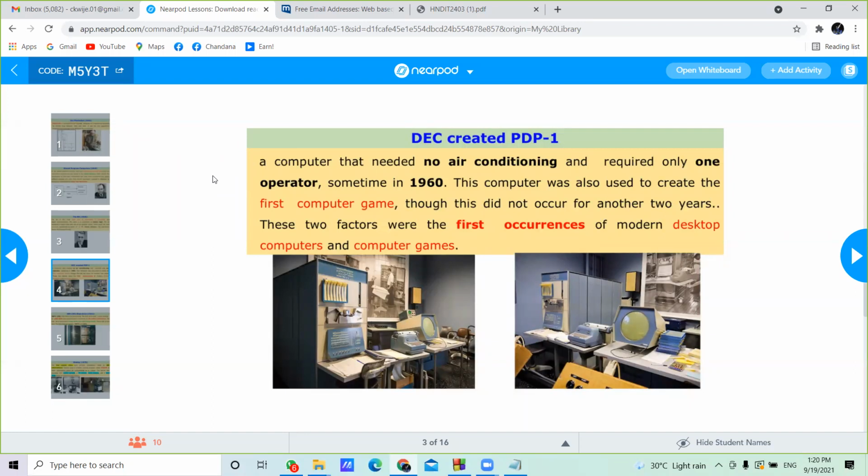There are also some pictures: the PDP-1 on the left side, and on the right side two different pictures of the same computer. This is how the PDP-1 looked at that time.